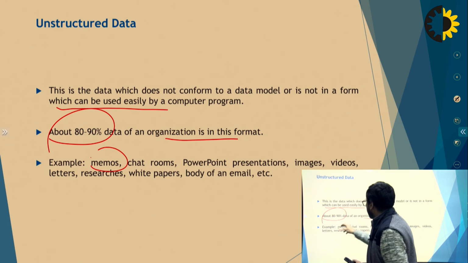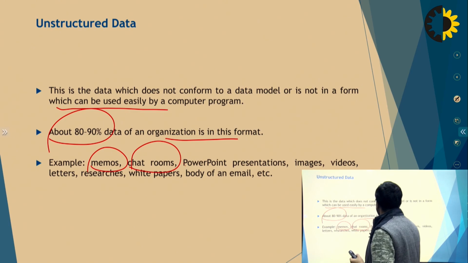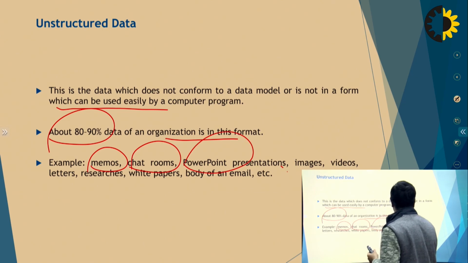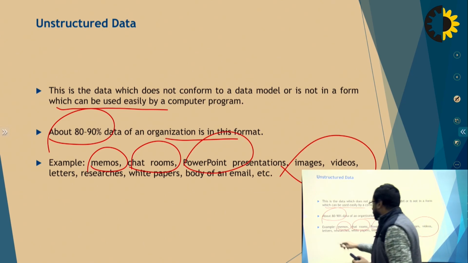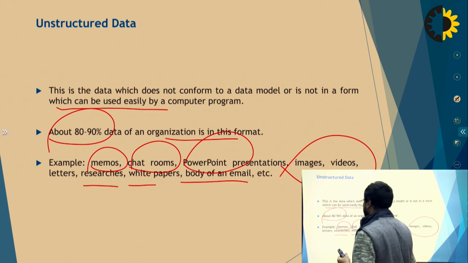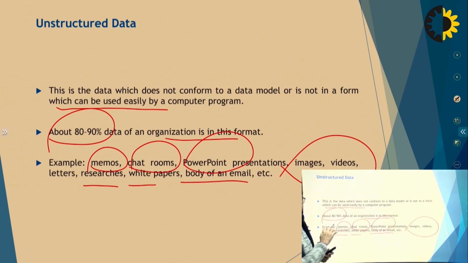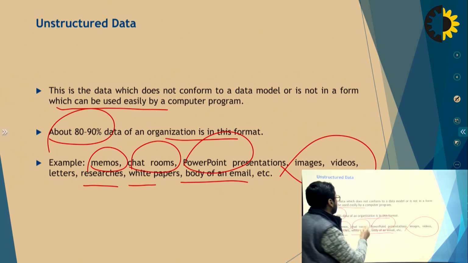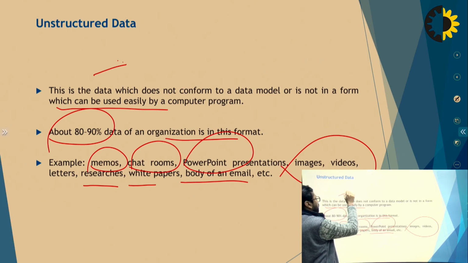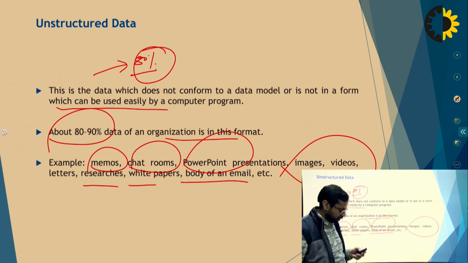Memos, chat rooms, PowerPoint presentations, images and videos, research work, white papers, and the body of an email are just examples of unstructured data that are part of big data. The values covered in unstructured formation are around 80% of the existing system.